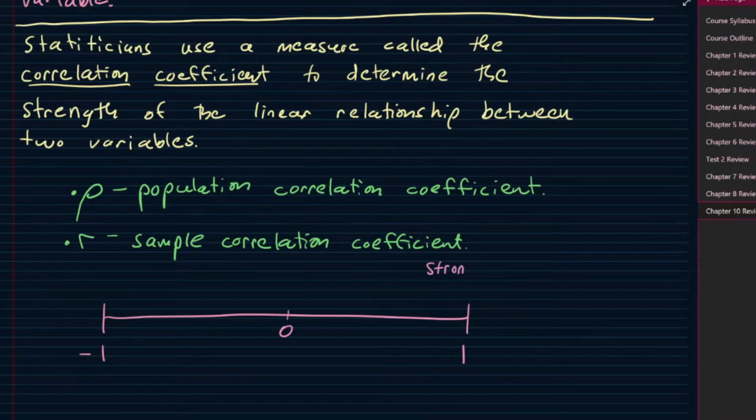The closer it is to 1 means the stronger a positive linear relationship is. And negative 1 means a strong negative linear relationship.